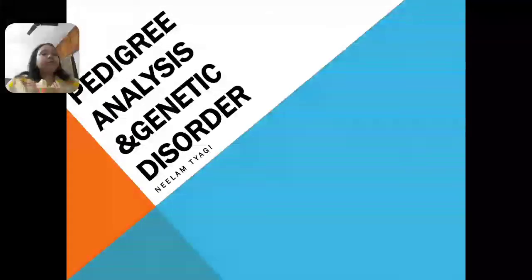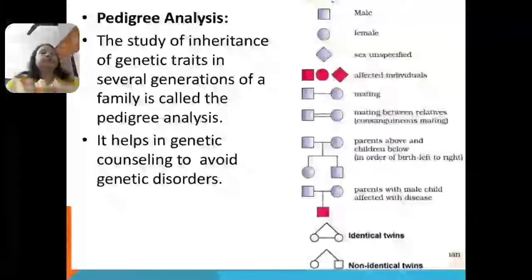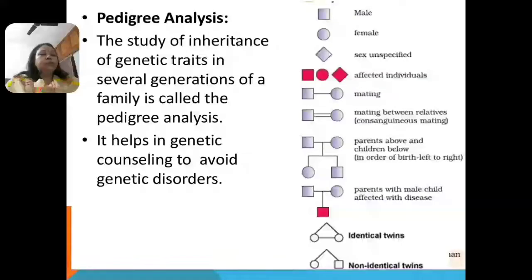So a series of symbols are used to represent different aspects of a pedigree.